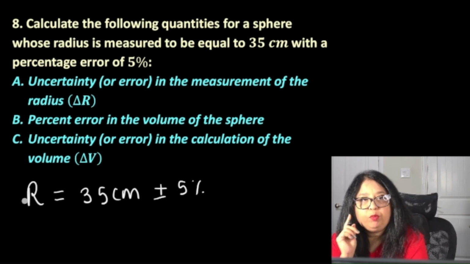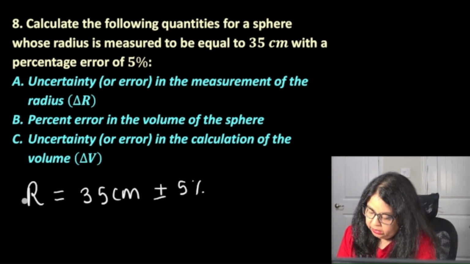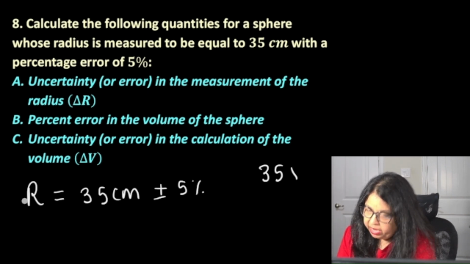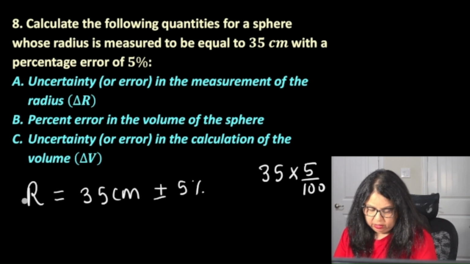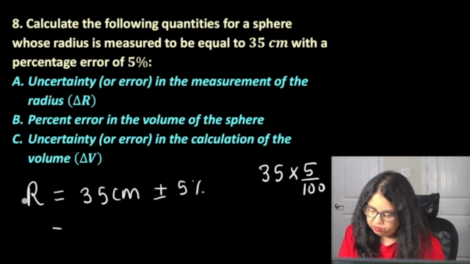So what is 5% of 35? How do you find that? That's going to be 35 times 5 over 100. What does that give us? That gives us 35 times 5 divided by 100 is 1.75.